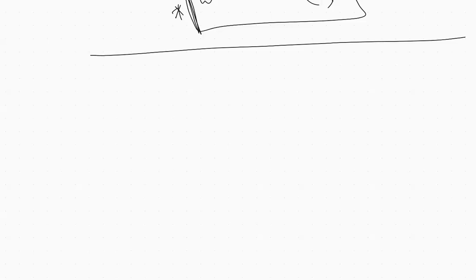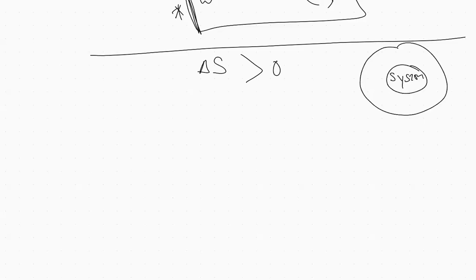Now we say the change in entropy S is always increasing in a system, and so for the total, the universe, the system and surroundings together, we say the universe.